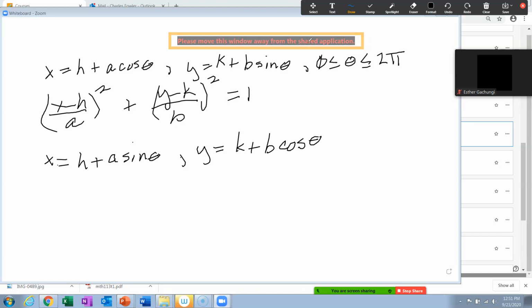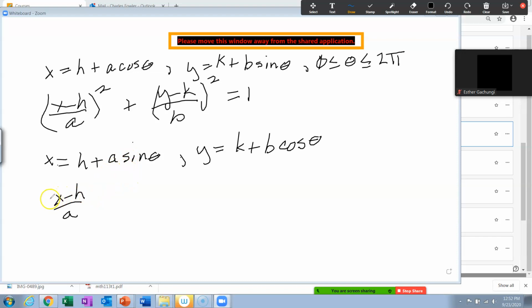Now, if we do the same thing we were doing up here and subtract the h and the k from both sides of their equations, then divide by a and b, what you have then is that x minus h over a, okay, that would be your sine theta.